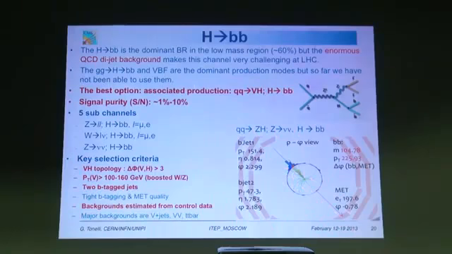So we have large missing ET here, and there, recoiling against the Z, two highly boosted B jets, which clearly become very, very close by. And then these B jets should be B tagged. So you apply B tagging, and so you are getting rid of the most important background components.